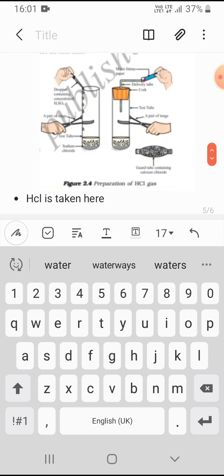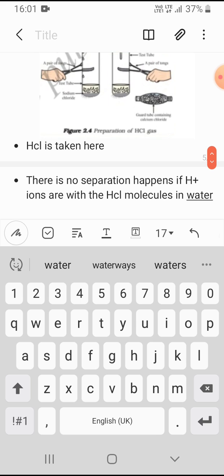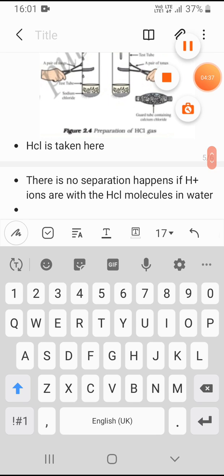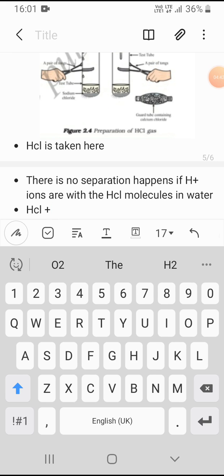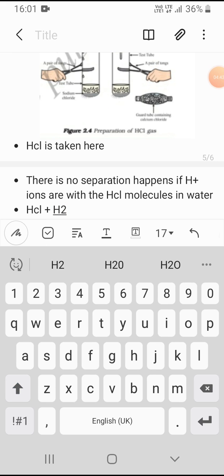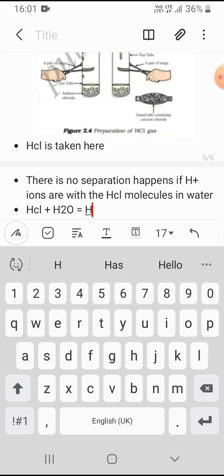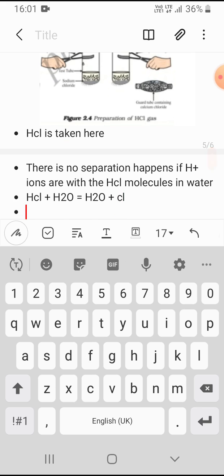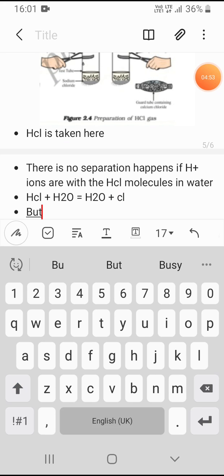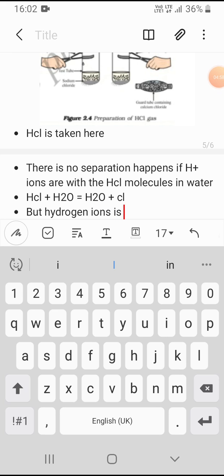In this you can see there is water, and the H plus ions and HCl do not separate. What we get is HCl plus H2O giving us H2O plus Cl, we get chlorine. The hydrogen ions are not removed.